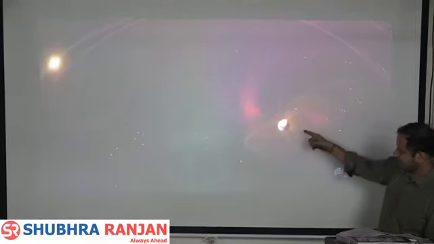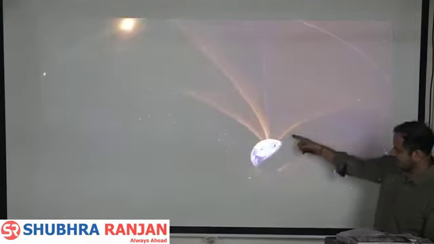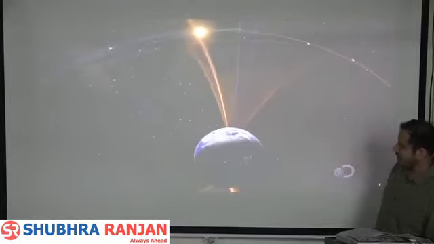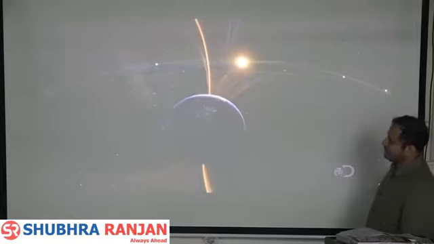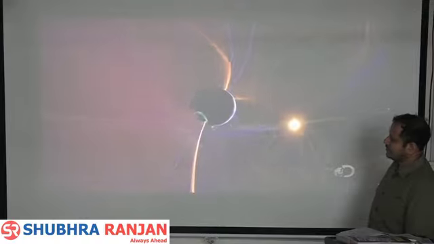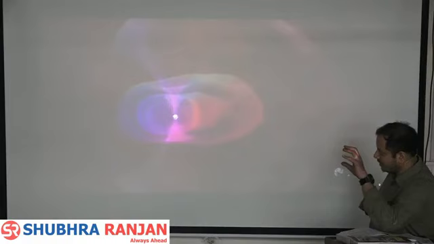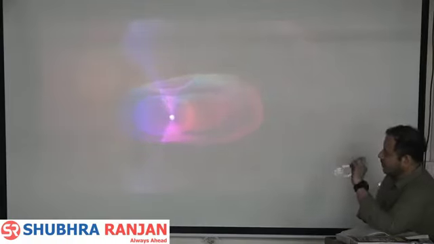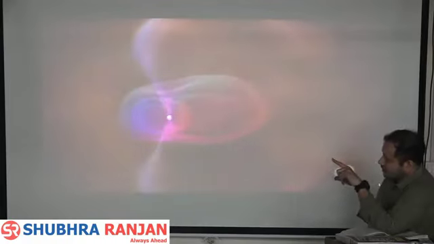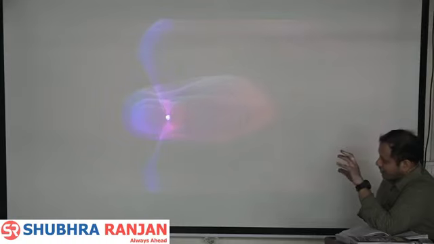Now when they come to the earth, you have to understand this is our magnetic field. This is all satellite image. It happens like this in real life also. So, can you see the orange color? What is this doing?